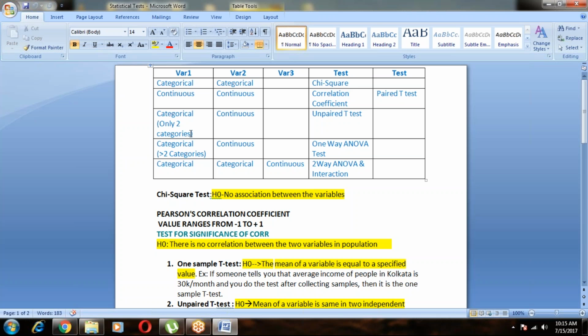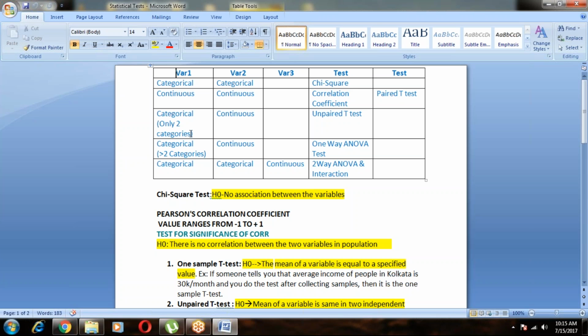Let's say I want to know whether Kolkata's population's average income is the same as Bangalore's population's average income. The average income is the continuous one.